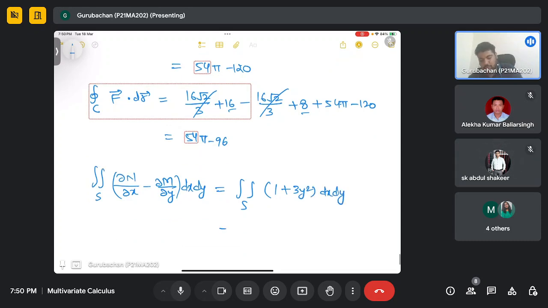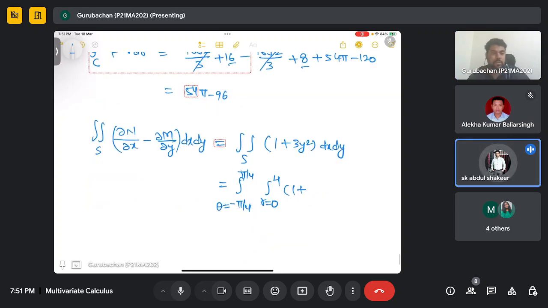Now again we are working on this circular arc, so theta will go from minus pi by 4 to plus pi by 4, and r will go from 0 to 4. Sir, I have taken Cartesian coordinates, that is y from negative x to positive x, with limits 0 to 4.